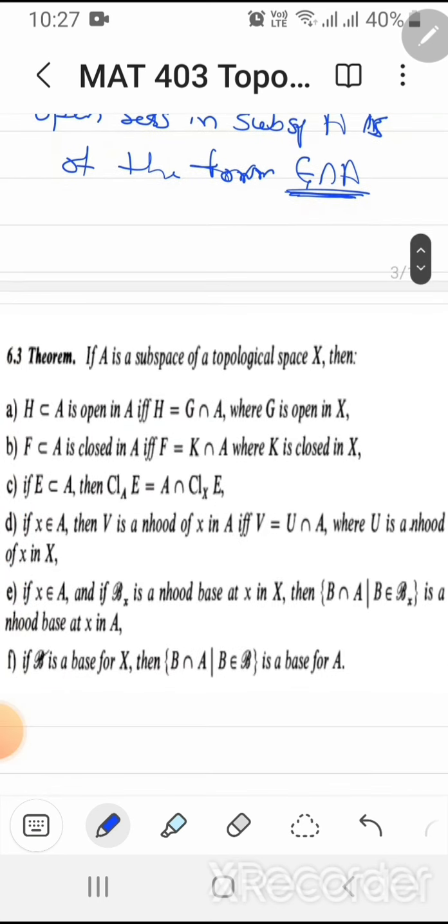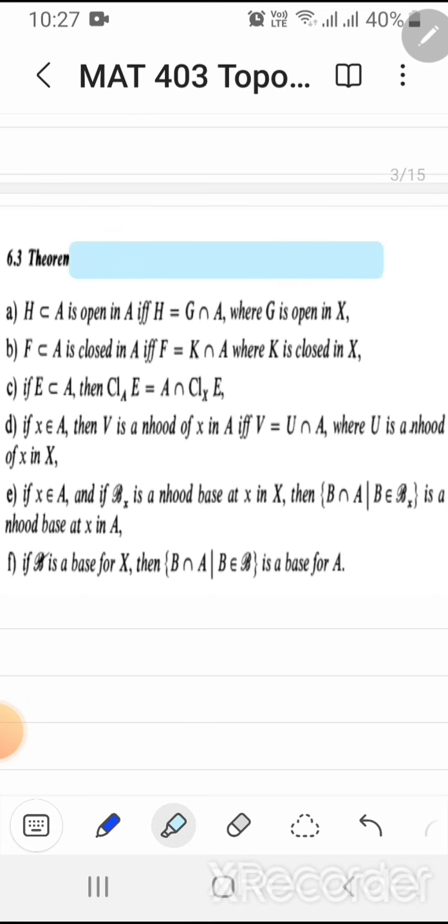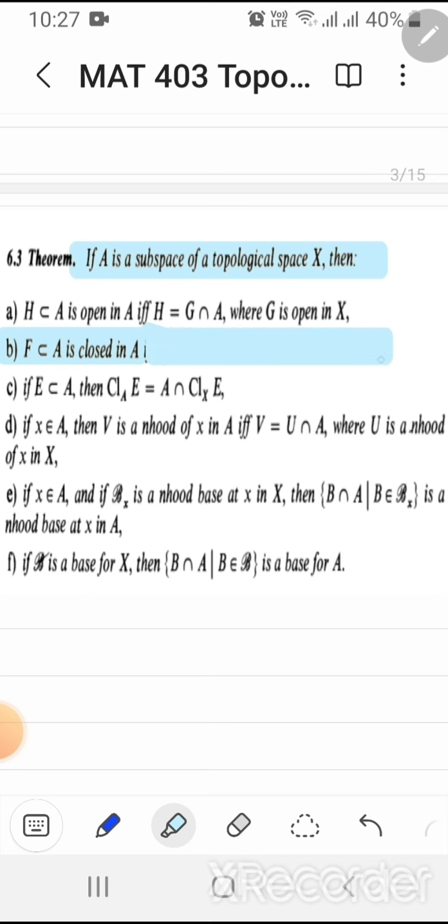The statement of this theorem is: if A is a subspace of topological space X, then the first result is, H subset of A is open in A if and only if H is of the form G intersection A, where G is open in X. The second result is, F subset of A is closed in A if and only if F equals K intersection A, where K is closed in X.